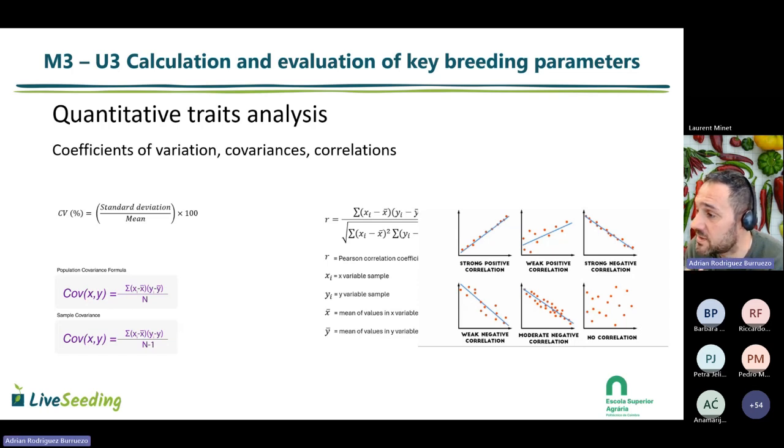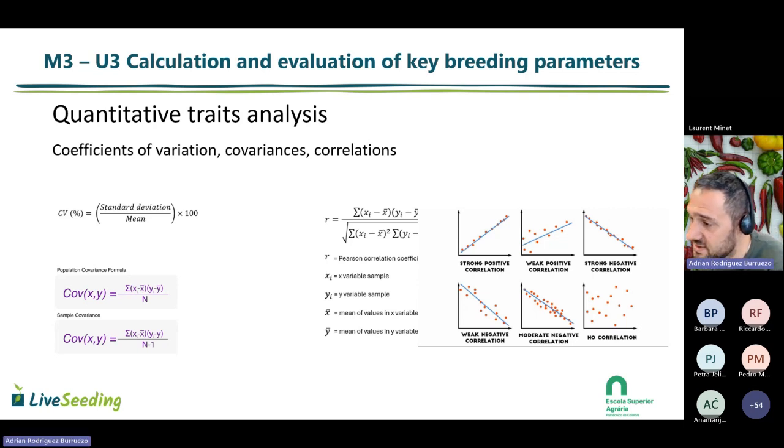Then this ratio is multiplied by 100. Then you have a coefficient of variation in percentage, and you represent in a very simple way how diverse your population is for this trait, based on the ratio between the standard deviation and the mean.